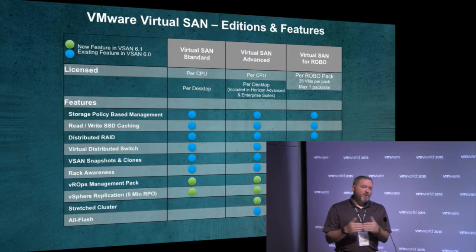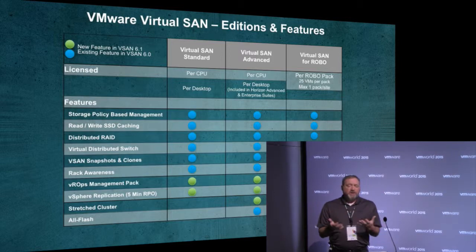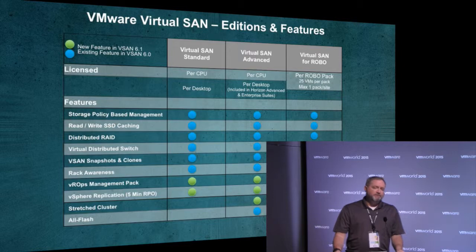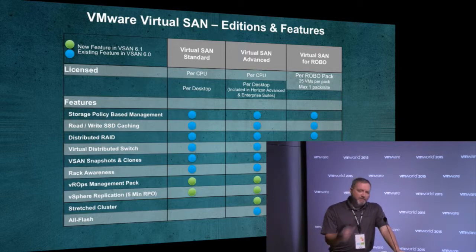If you were to get to a point where you had any number greater than 25 at a single site, you would need to purchase Virtual SAN Standard in that case. Okay, there's no upgrade path from vSAN ROBO to vSAN Standard.